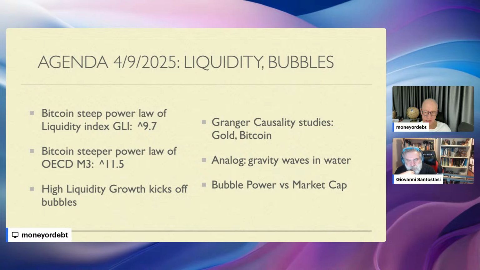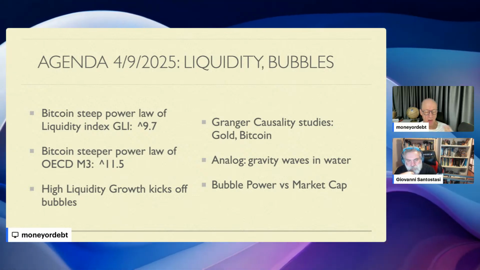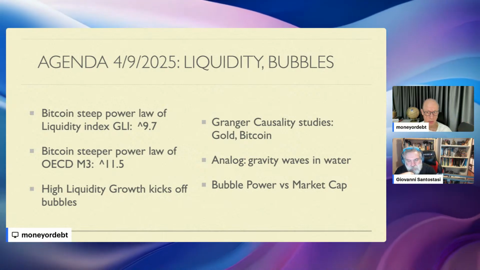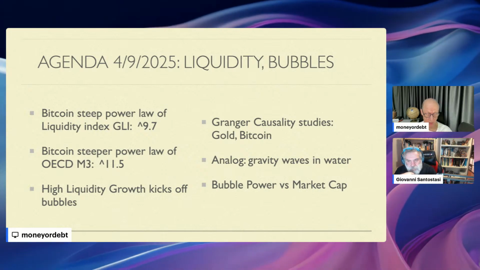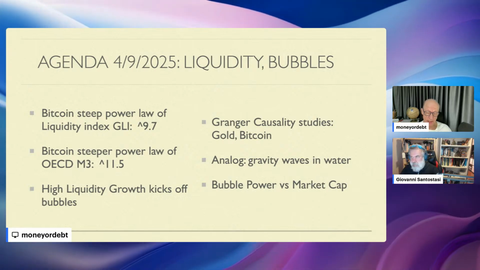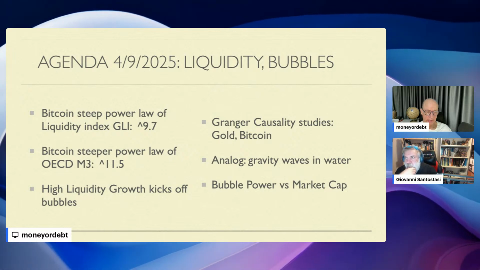This is the OECD M3 money supply. It's the aggregate money supply for the 38 nations that are the developed countries that belong to the OECD. And that's actually available on the Federal Reserve website, FRED. What I found, and I'm going to show you, is that high liquidity growth kicks off bubbles.